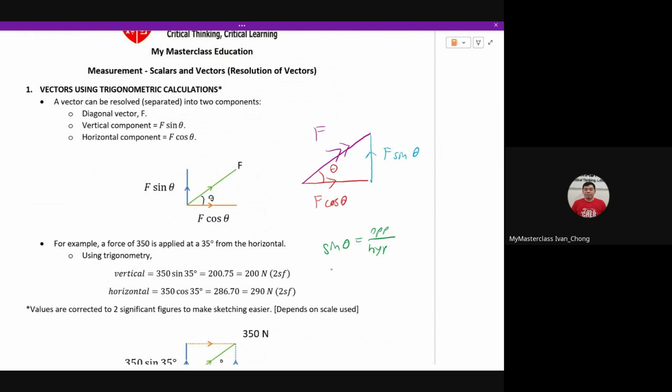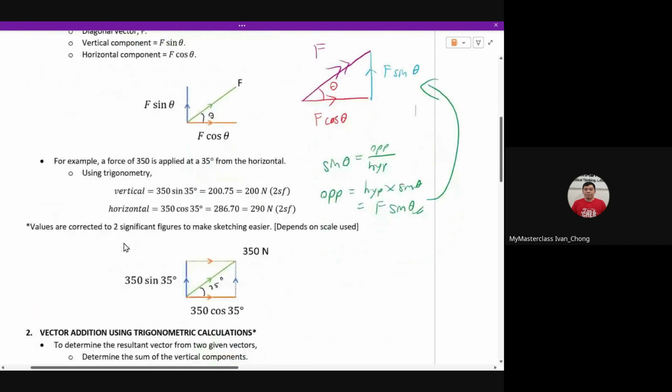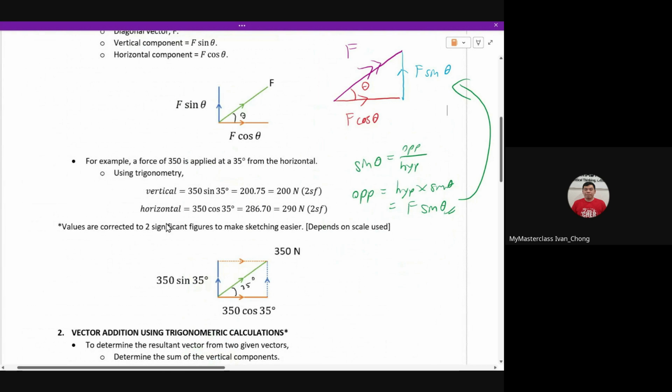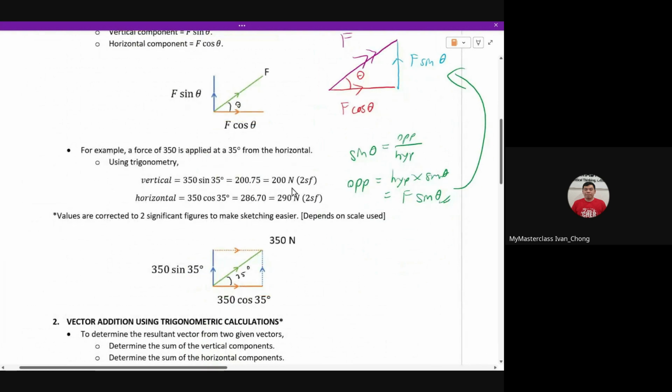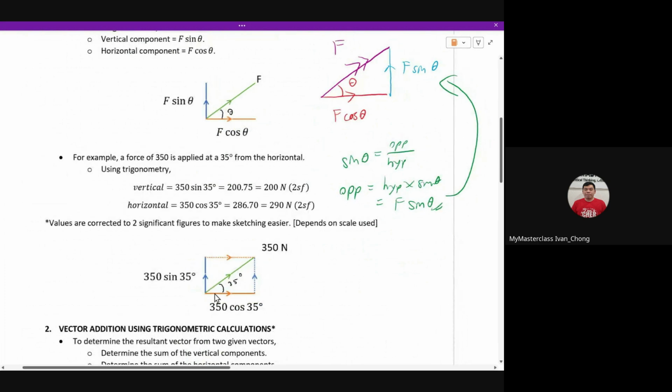So it's hypotenuse times sine theta, and the hypotenuse is your F. So it's F sine theta, which is your blue color over here. If you have the value, say 350 and 35 degrees, you can just put in the numbers and solve. If you do Pythagoras' theorem, you can get back the same value as well.